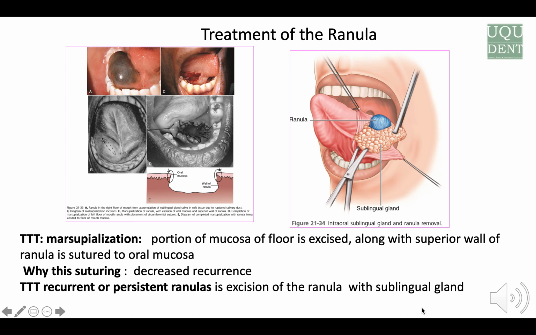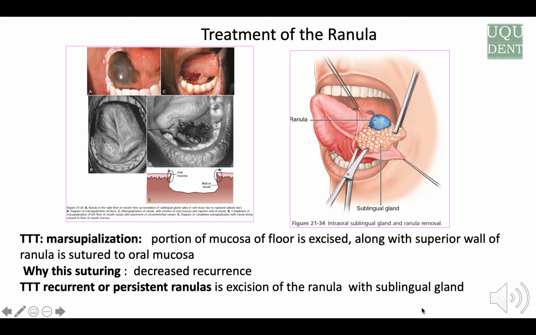The treatment, as we said before, the ranula is different from the mucocele because it's large. So because it's large, you don't want to go and do the excision immediately. You do something called marsupialization. What does marsupialization mean? It means you make a small opening in the swelling, which is the ranula, then you suture the ranula to the floor or to the wall of the oral mucosa. Why do we do it this way?